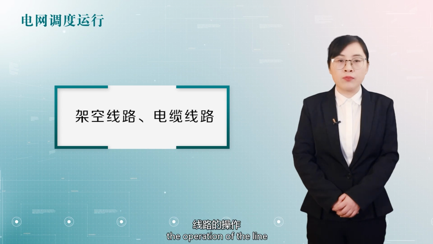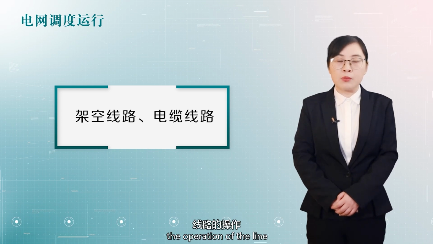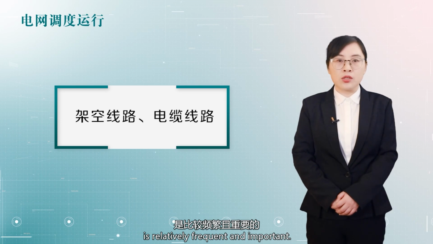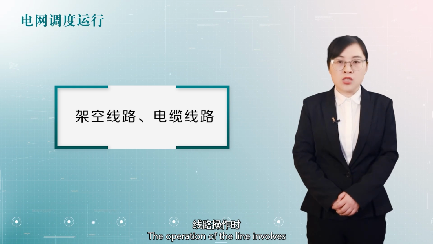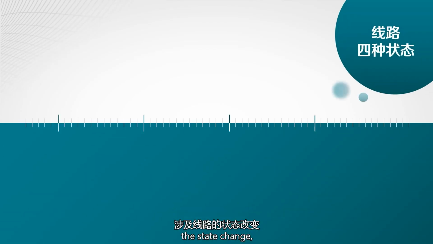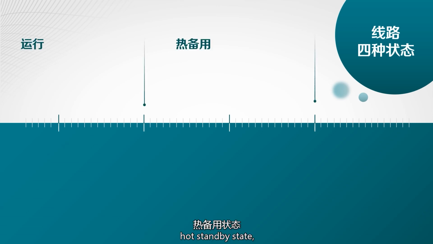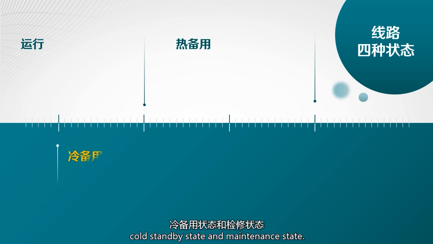Therefore, the operation of the line is relatively frequent and important. The operation of the line involves state change, and the line has 4 states: operational state, hot standby state, cold standby state, and maintenance state.